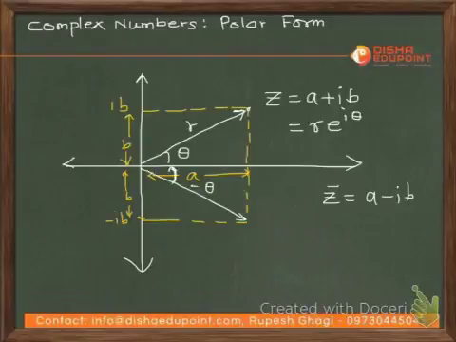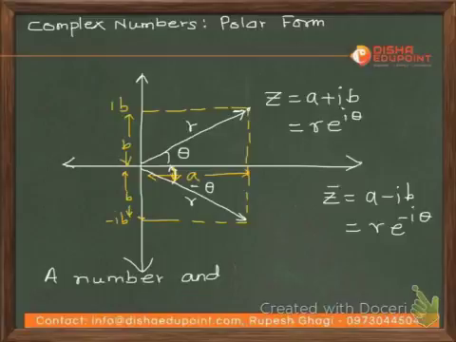As you can observe, the argument for this particular number, z bar, is minus theta, and the length is r only. So for both of these numbers the moduli are equal, but the arguments are opposite.